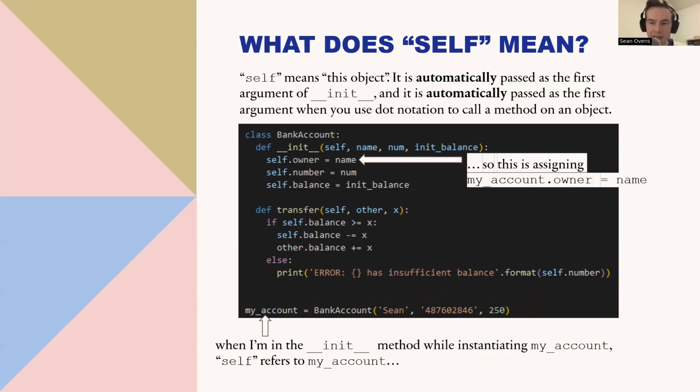So when I assign self.owner equals name on this line here, what I'm actually doing is assigning myaccount.owner equals name, because again, self is just sort of an alias for whatever object we're performing the operation on. In this case, we're initializing the object my account, and so self refers to my account.